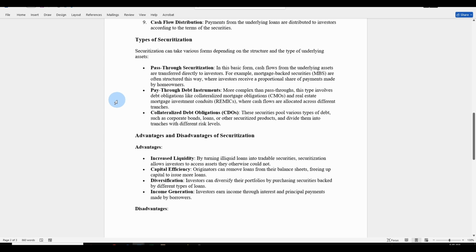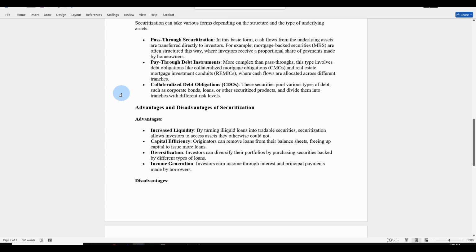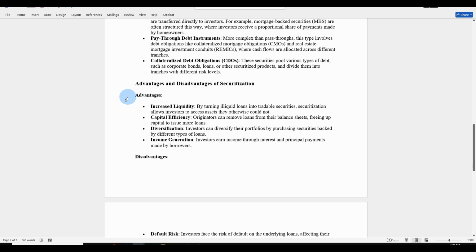This type involves debt obligations like collateralized mortgage obligations and real estate mortgage investment conduits, where cash flows are allocated across different tranches. Collateralized debt obligations: these securities pool various types of debt, such as corporate bonds, loans, or other securitized products, and divide them into tranches with different risk levels.